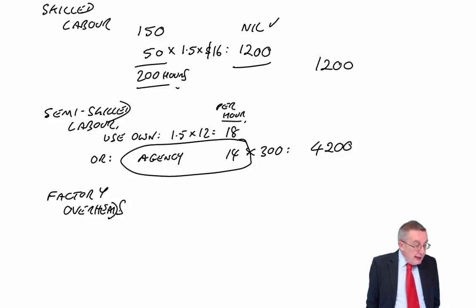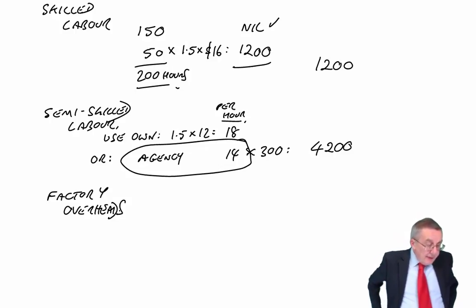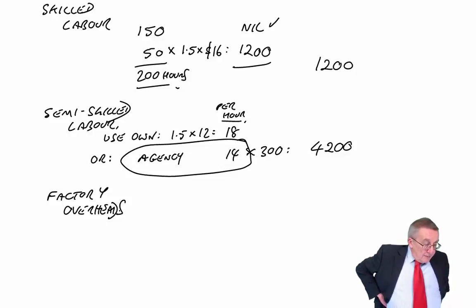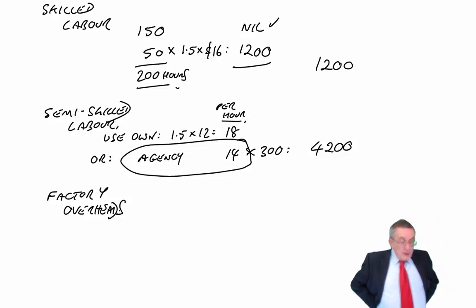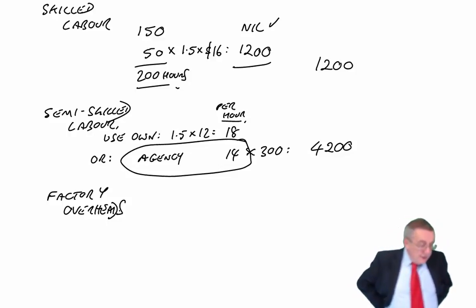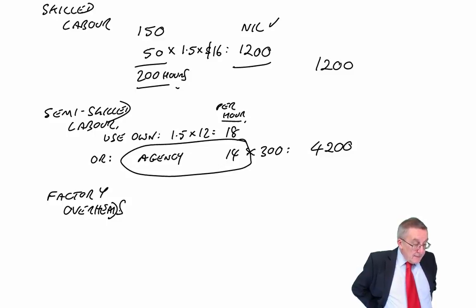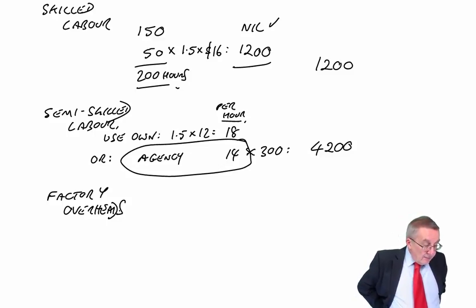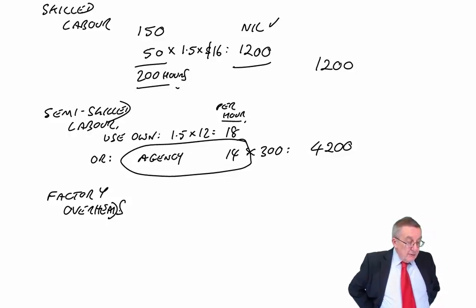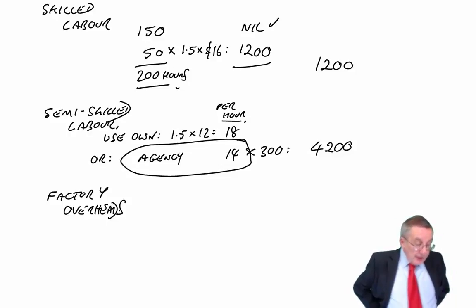The $3 absorption rate is the standard factory absorption rate. So you should know what I mean by absorbing overheads. You know, they're just charging $3 every hour. $1.50 an hour reflects the cost of the supervisor's salary. And the other $1.50 an hour reflects general factory costs.